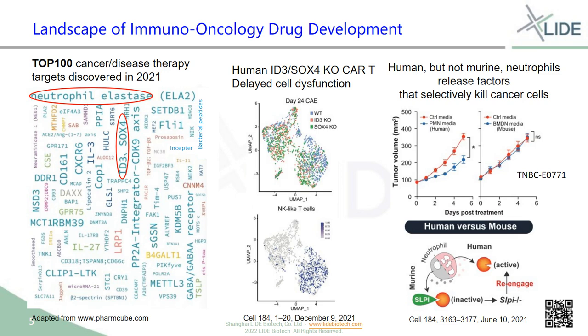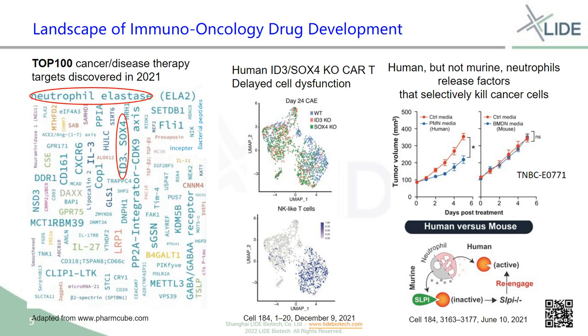Further study identified that human neutrophil elastase played an important role. The most interesting part is that purified mouse neutrophil elastase can also kill both human and mouse cancer cells. However, its function was fully silenced during its secretion, as it binds with a protease inhibitor called secretory leukocyte peptidase inhibitor.